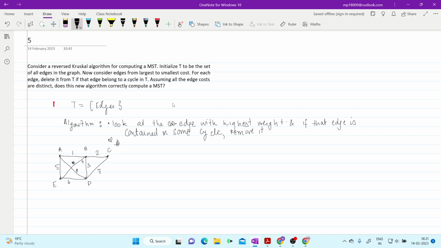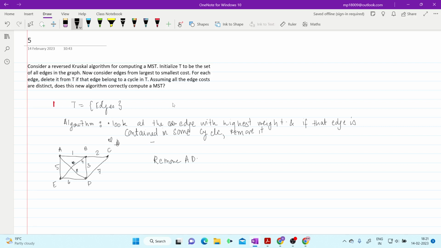Is AD contained in some cycle in this graph? What do you think? Yes, ma'am, in ABD. ABDA is a cycle. So according to the algorithm, the first step is to remove AD.